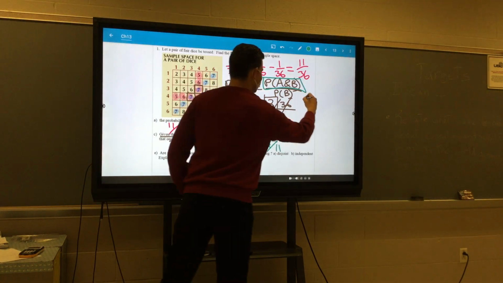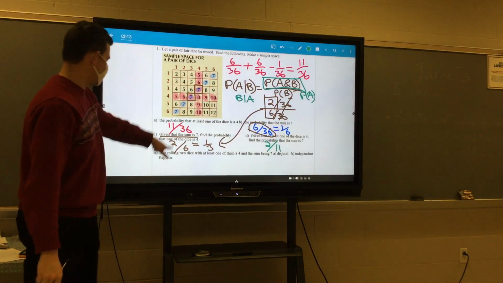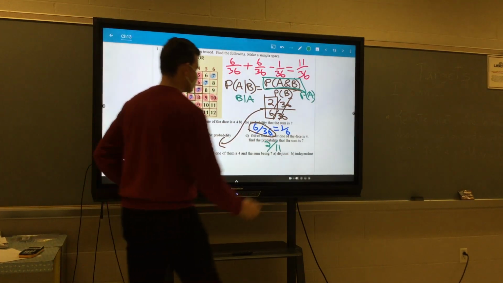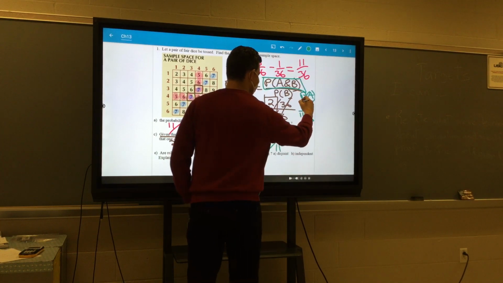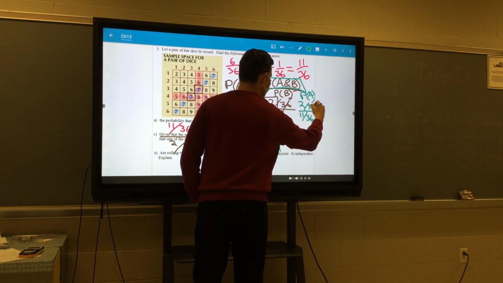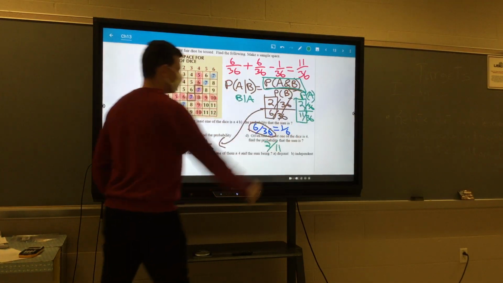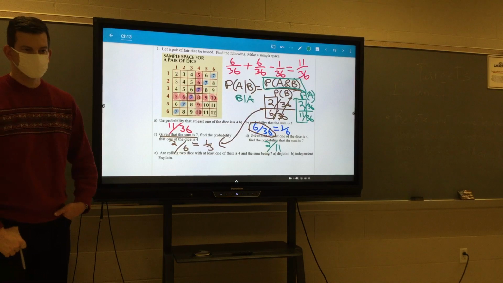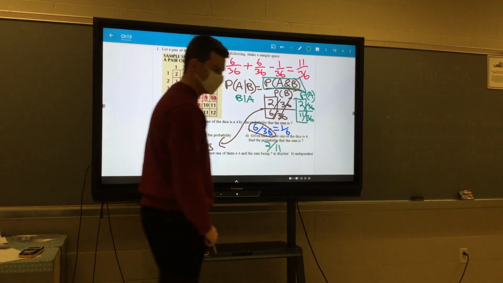It's just the denominator that's now the probability of A, and the probability of A was 11/36. We still got 2 overlaps up there, 2/36. Divide out, there's your answer, 2/11. All right.